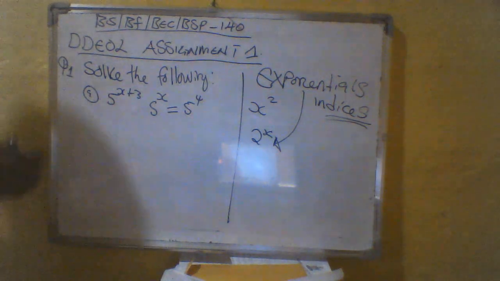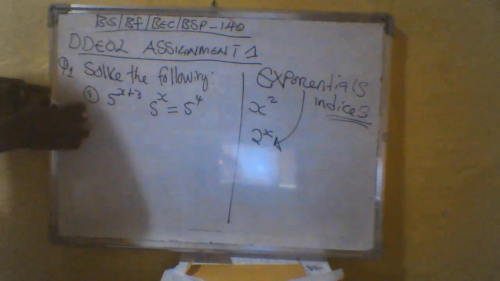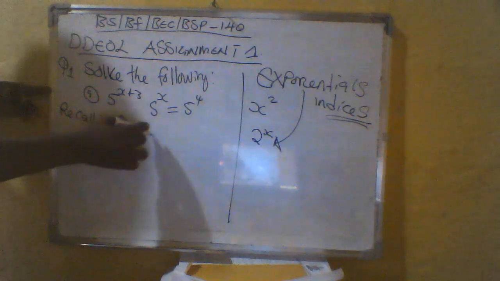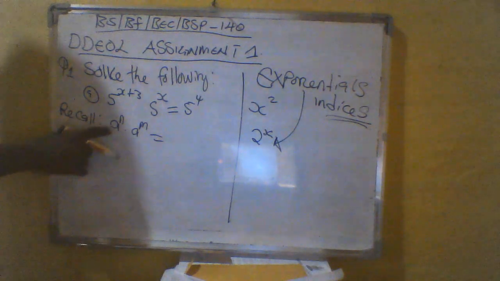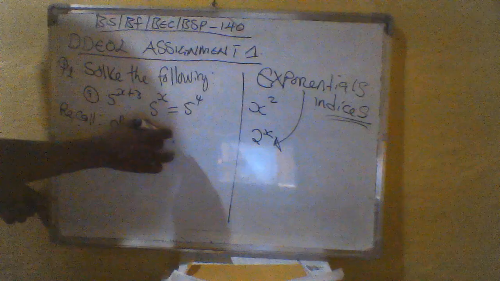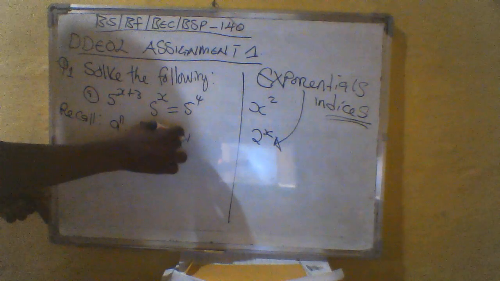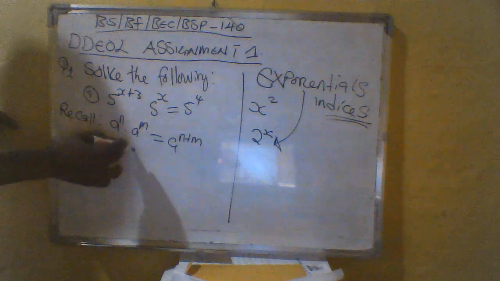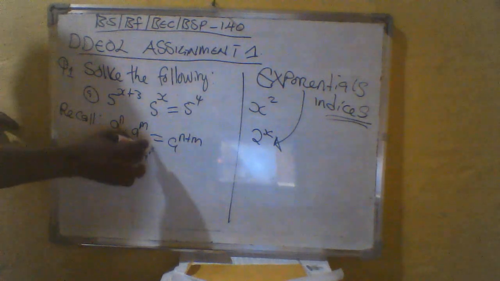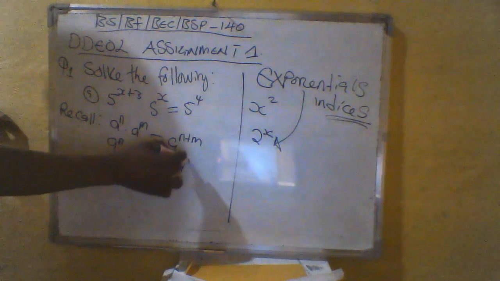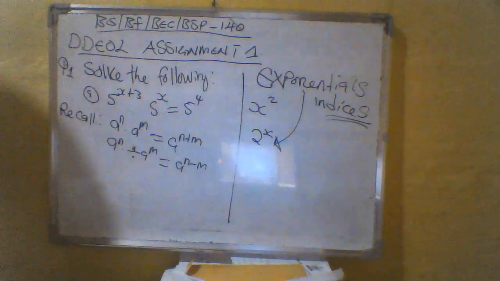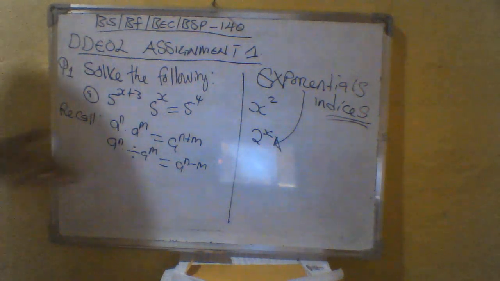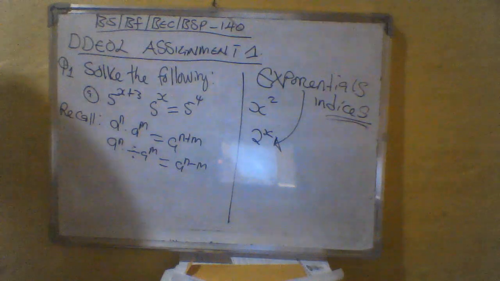When I have a power n multiplied by a power m with the same base a, I maintain the base a but add up the powers. If we are dividing a power m by a power n, we simply subtract the powers. I'm going to use this property to solve this type of equation.